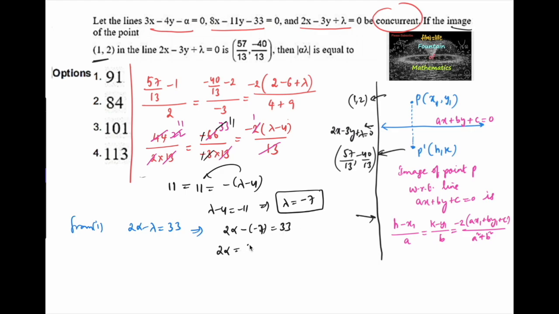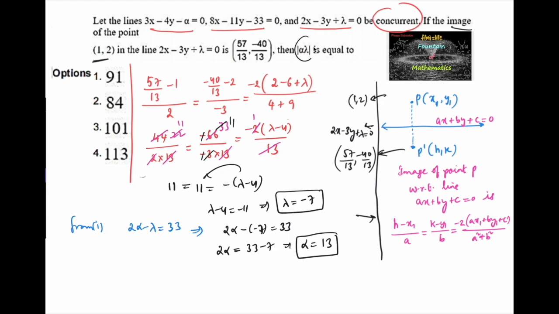So 2 alpha is equal to 33 minus 7, which is 26. So alpha is 26 upon 2, which is 13. So the value of alpha is 13 and lambda value is negative 7.